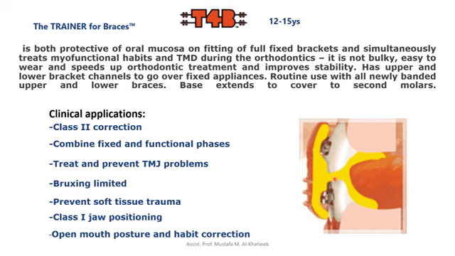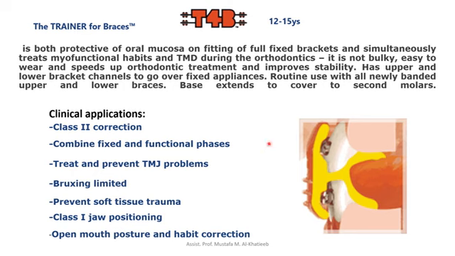It is not bulky, easy to wear, speeds up the orthodontic treatment, improves stability, and has upper and lower bracket channels. Here are the channels in the picture to go over the fixed appliances or braces. Routine use with newly banded upper and lower braces. The base extends to cover the second molars.